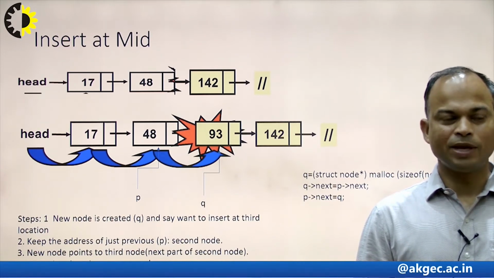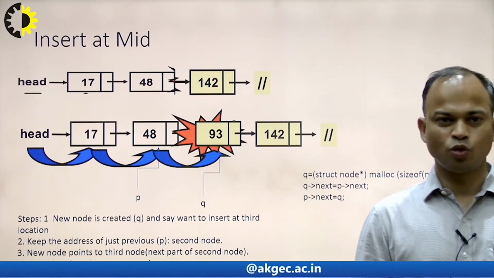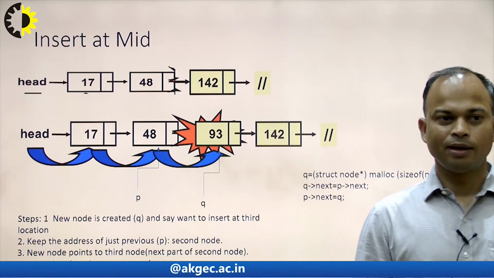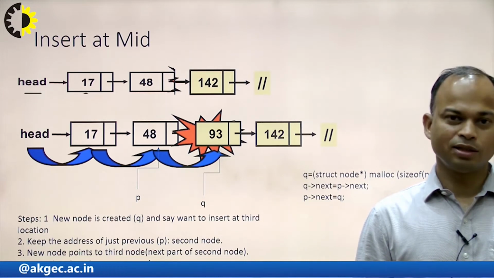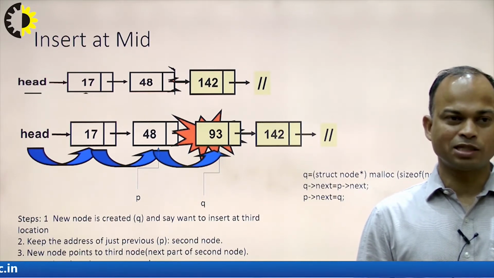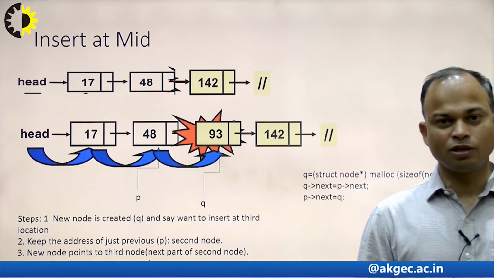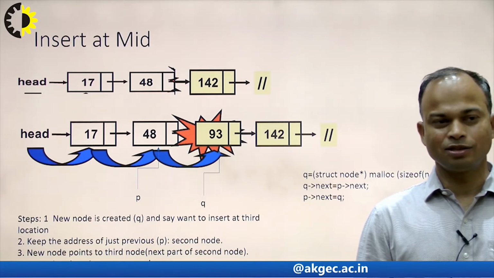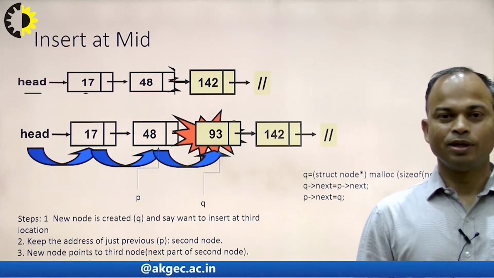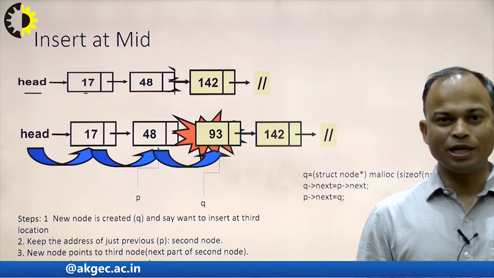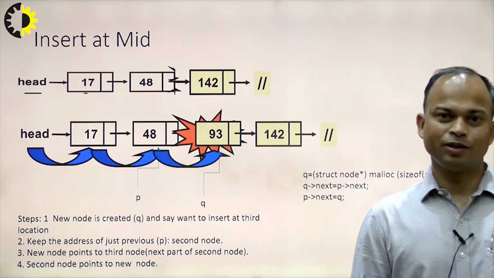First of all, we have to create a node using the malloc function, and the q pointer keeps the address of the newly created node. We also have to keep the address of the just previous node. Say we want to insert the node after the second node, so we have to keep the address of the second node, and pointer P is keeping the address of the second node. Now the newly created node should point to the previous third node.